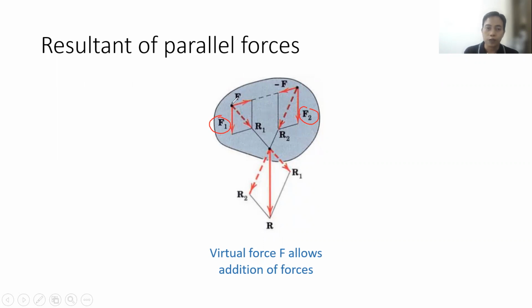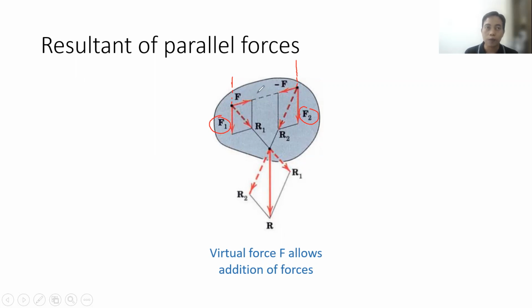If we draw the lines of action of F1 and F2, it is impossible for them to meet at an intersection point because they are parallel. So how do we draw the resultant of these forces? Because we have to draw it at the common point of application.